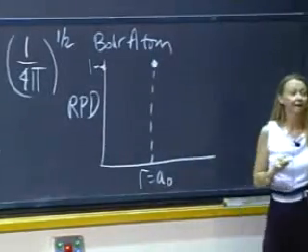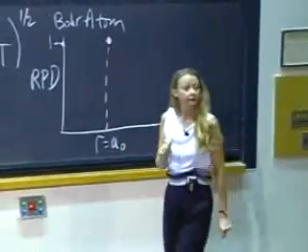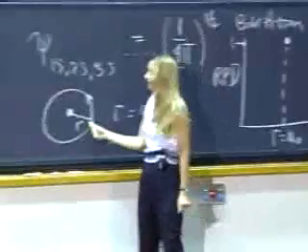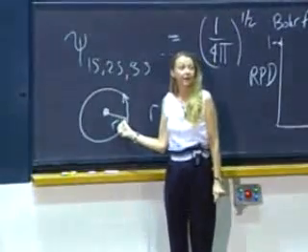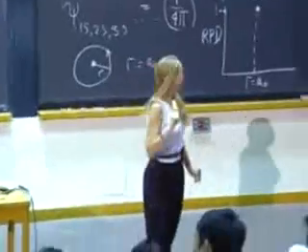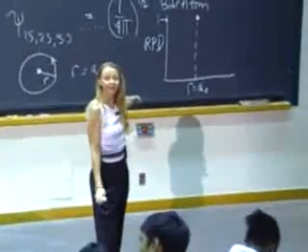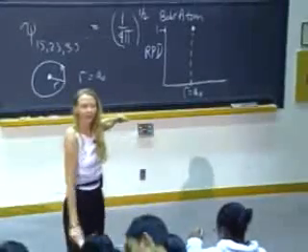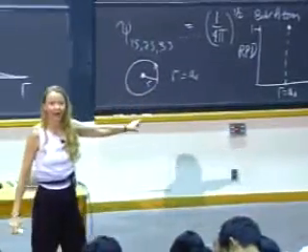Okay? In Bohr's model, the electron had a well-defined, precise orbit. The value of R at which it went around the nucleus was given by A0. We knew exactly, or he knew exactly, where the electron was in his model.